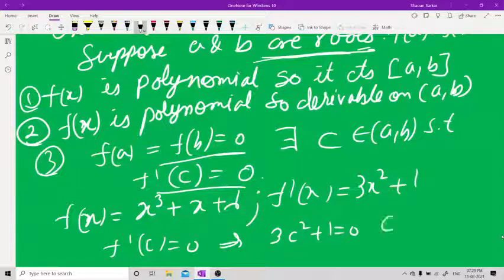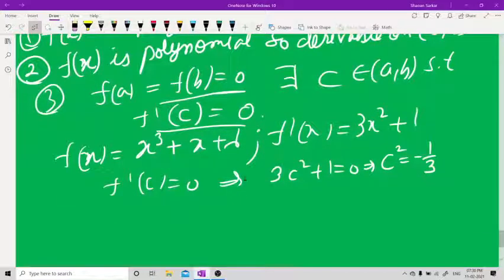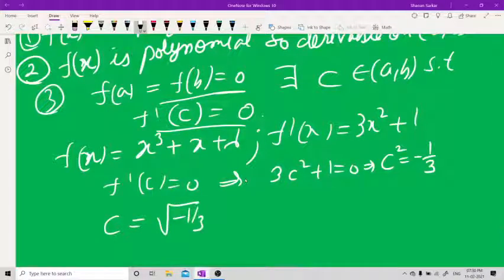Now c square is equal to minus 1 by 3. And if I take the under root of minus 1 by 3, this comes out to be 1 by under root 3 iota, which does not belong to R.